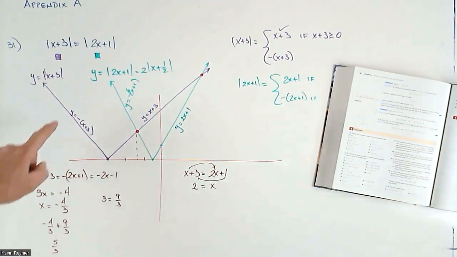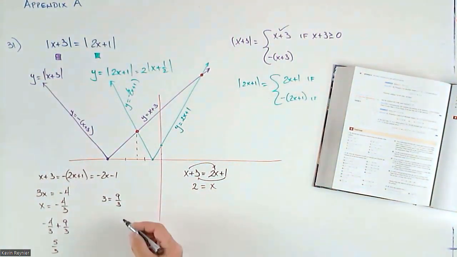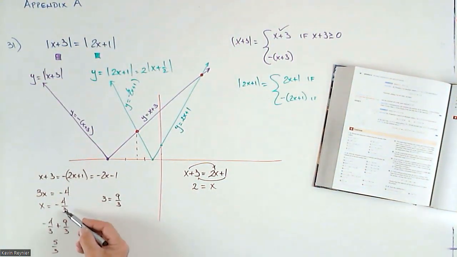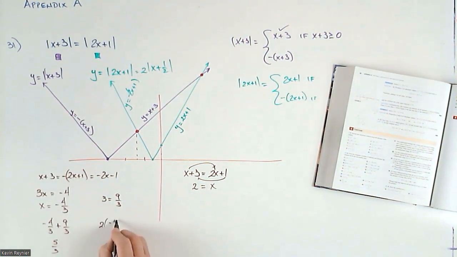This would be 2 times negative 4/3, plus 1. So that's negative 8/3 plus 3/3. That's negative 5/3. But don't forget, it's in an absolute value sign. 5/3. They do work.